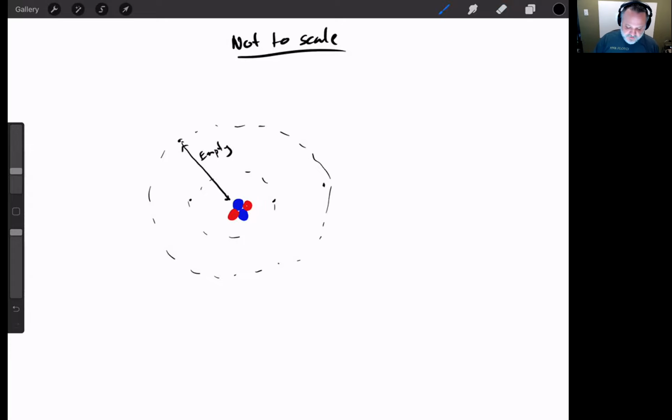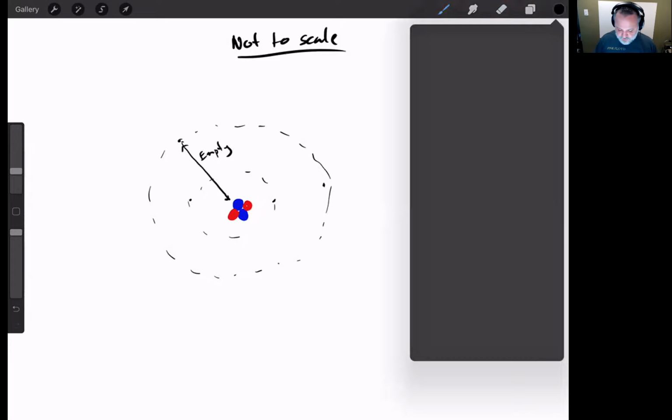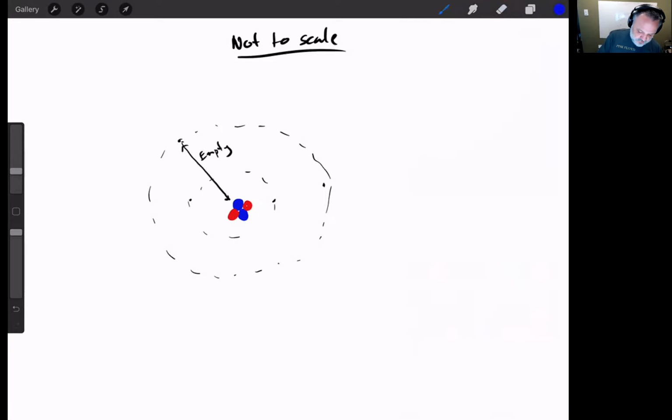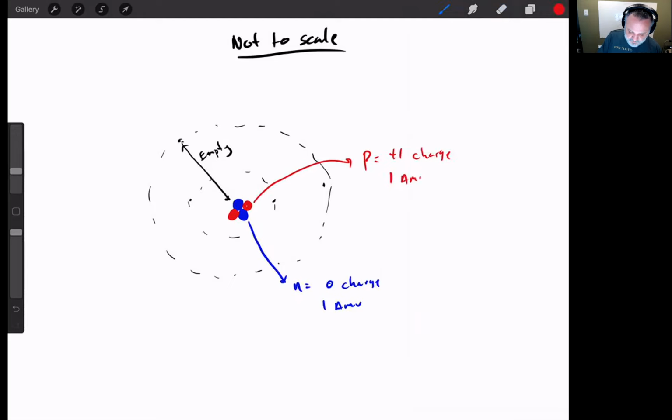We talked a little bit about the properties of these subatomic particles, protons, electrons, and neutrons. What did we say about neutrons? They have 0 charge, and they have 1 AMU of mass. And we talked about protons. They do have a charge. Protons have a +1 charge, and they have 1 AMU in mass.